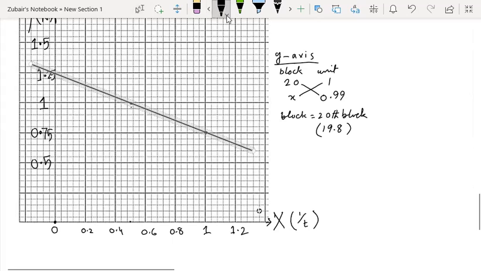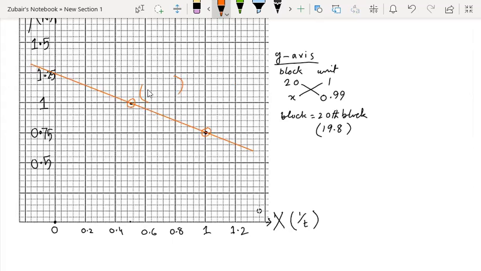Now the points should be prominent, so I'm showing this by this color. This is the point. This is the point. What are the coordinates of the point?